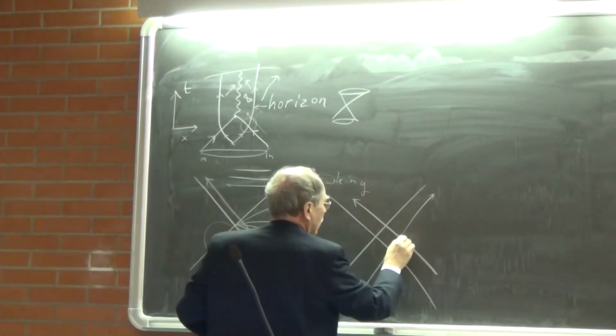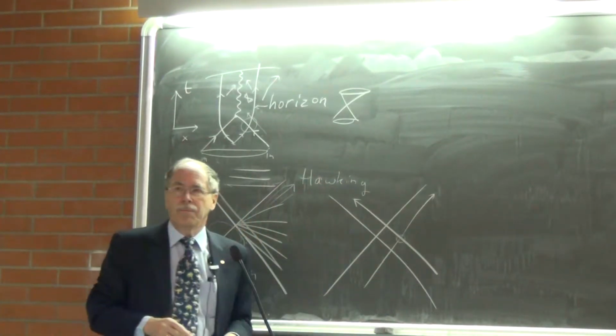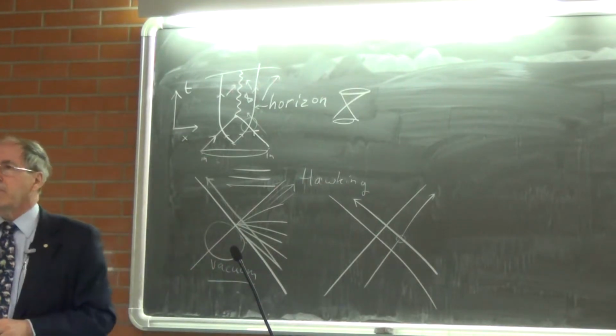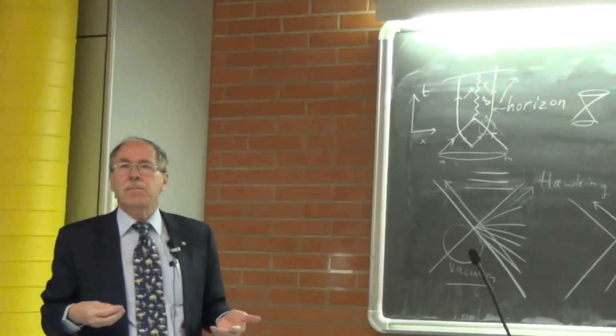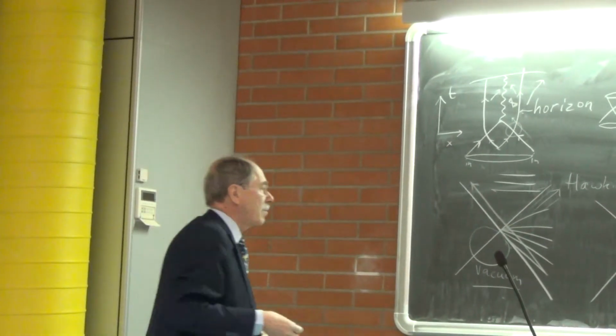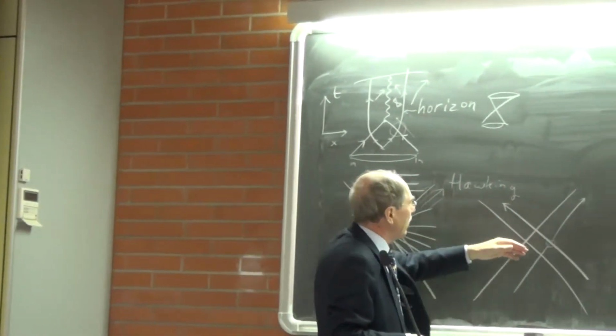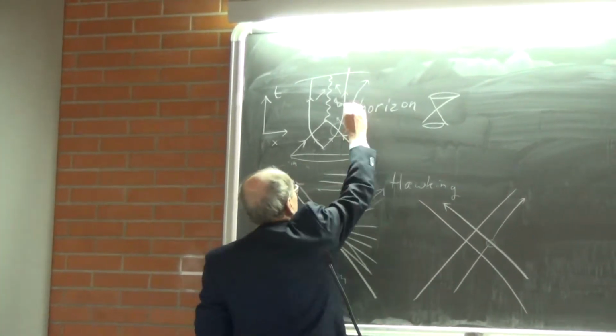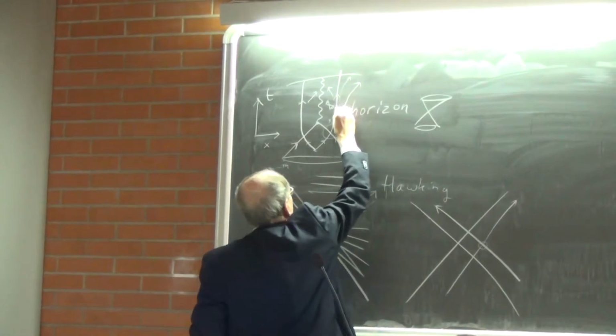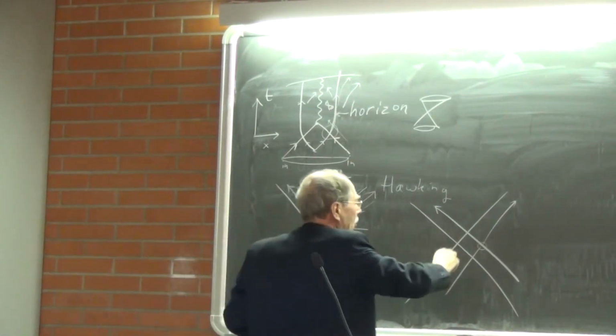The outgoing particle crosses the ingoing particle. Now, it's a simple question of geometry of space-time that you can figure out that particles that went in very early, when you compare those with particles that go out very late, when they go out, they come from the region here where you have a tremendous Lorentz boost.